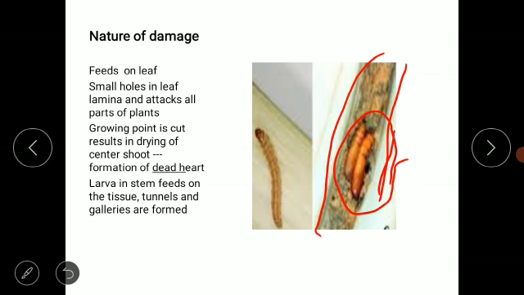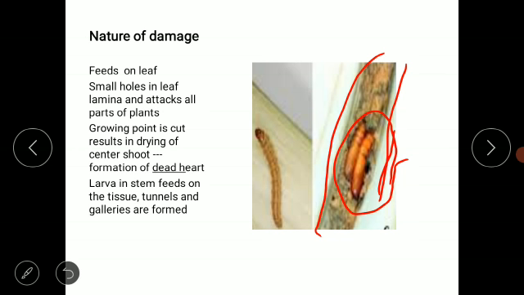Due to the formation of the tunnel, the whole process of tissue, that is xylem and phloem, is disturbed. We know that xylem and phloem are the main parts of the shoot, as xylem is responsible for conducting water and phloem is responsible for conducting food material.